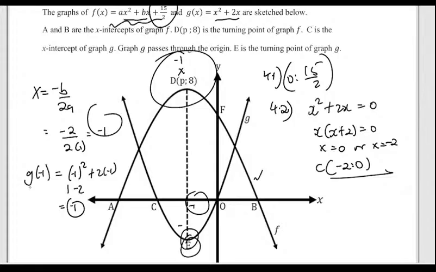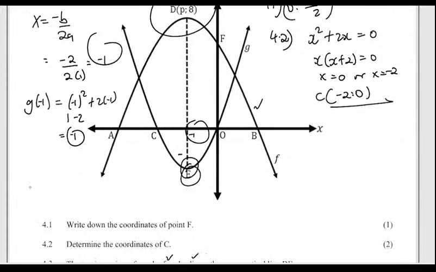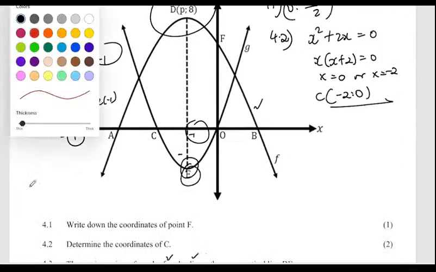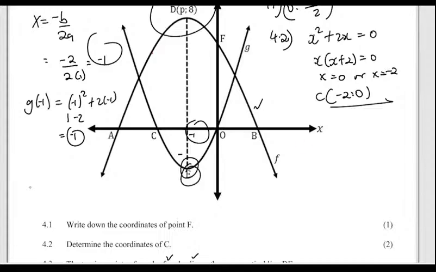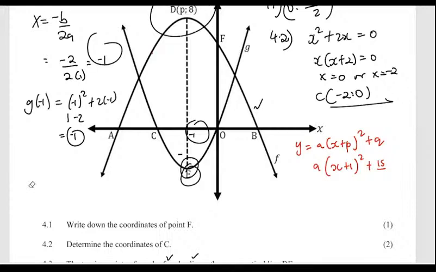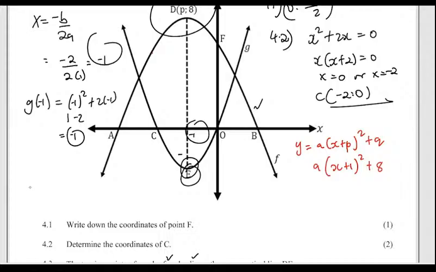It's saying y should be a into x plus p squared plus q. So a into x plus 1 squared. Our q is, that's the y-intercept, so that is 8.